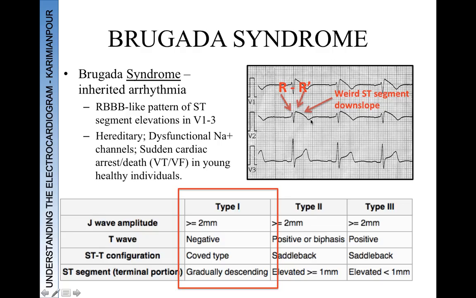It's kind of like a convex ST elevation, tombstoney almost, but it looks kind of weird. And there's a right bundle branch block pattern as well. This is seen in type 1. There are 3 other types, but type 1 is the most common one.